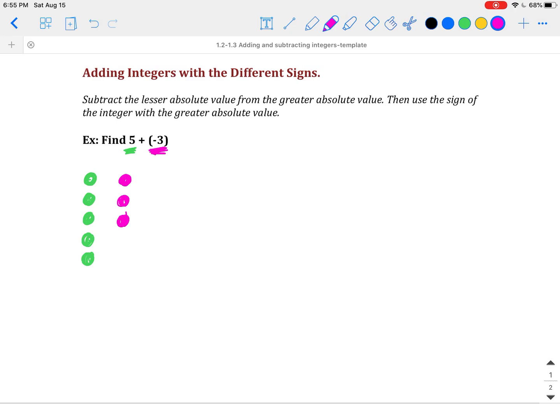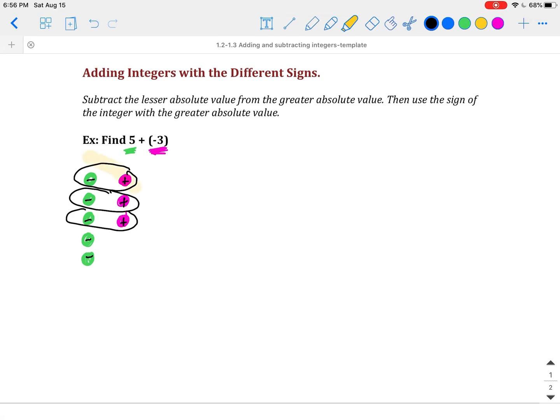Now, what I'm going to teach you about right now is something called an integer pair. An integer pair is when a negative and a positive pair up. They're known as opposites, and those opposites actually cancel each other out. So this would be 1 zero pair, this would be 1 zero pair, and this would be 1 zero pair. And like I said, they actually cancel each other out.